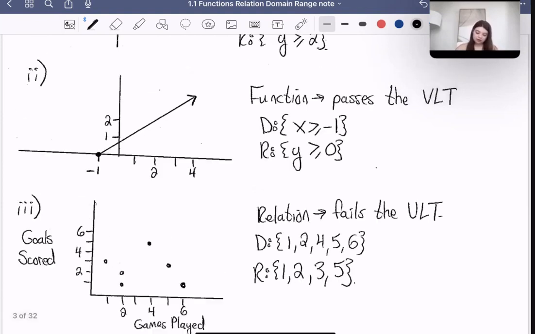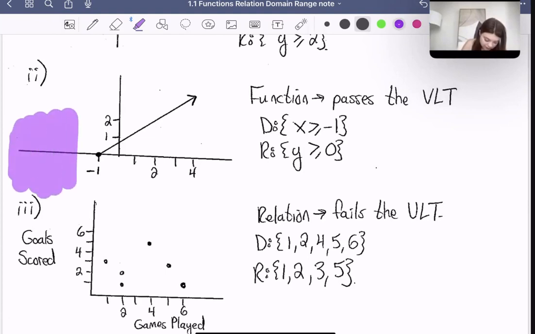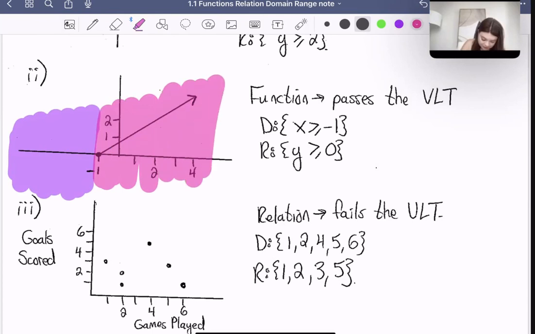And here it looks like the domain is everything that's greater than -1, because if we start on our left and we see nothing, nothing, nothing, nothing, starting at -1 we have something, something, something, and then it just continues on because we have the arrow. So everything from -1 forward is good, so that's why domain is greater than or equal to -1.